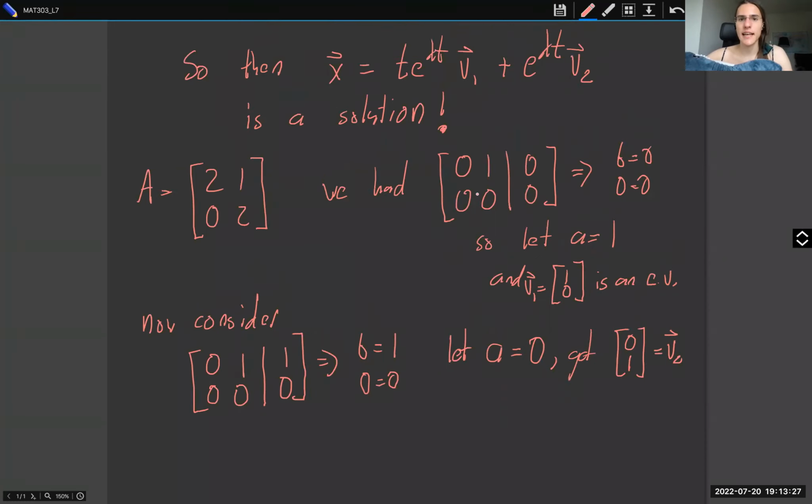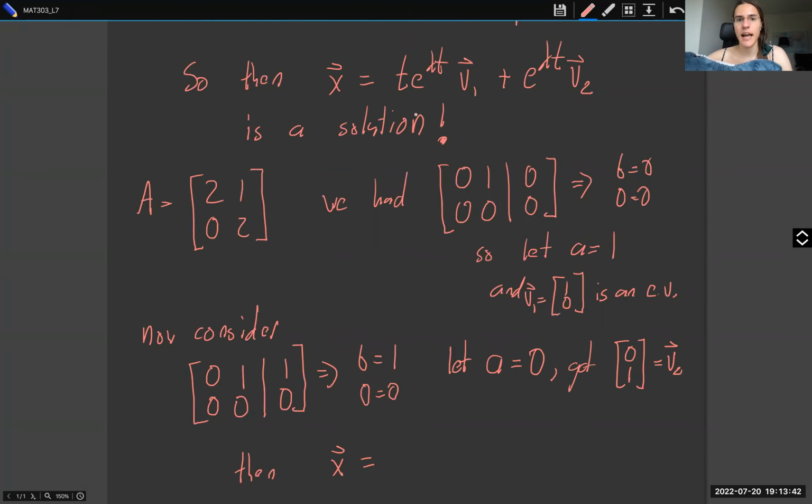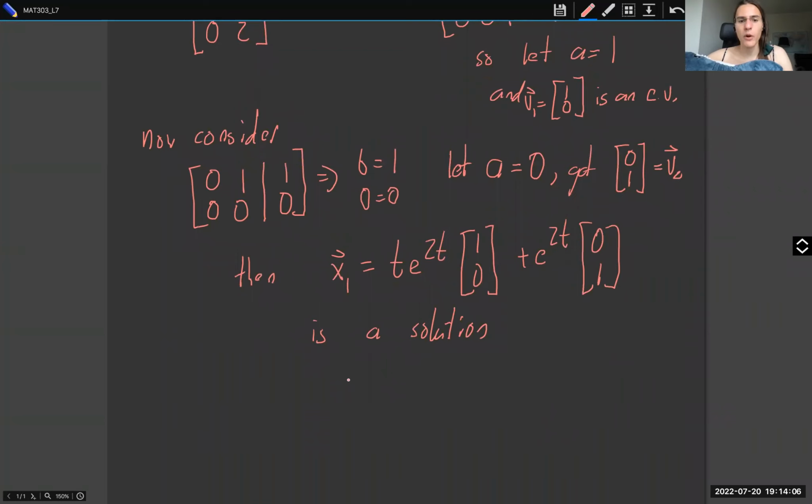And what our ansatz said is that if v1 was the eigenvector and v2 was something that got sent by A minus lambda I to the eigenvector, then x is equal to t e to the 2t times the eigenvector (1, 0), and then plus e to the 2t (0, 1) is a solution. Let's call this x1. What was the other solution from before?